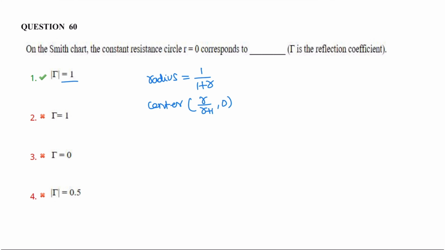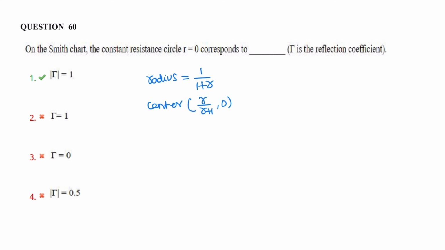Constant resistance circle R is equal to 0. So if R is 0, then radius is 1, center is 0 comma 0. It represents a short circuit load.